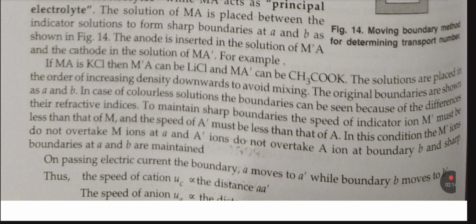On passing electric current, the boundary A moves to A' while the boundary B moves to B'. Thus, the speed of the cation UC is directly related to the distance AA', and the speed of the anion UA is equal to the distance BB'.